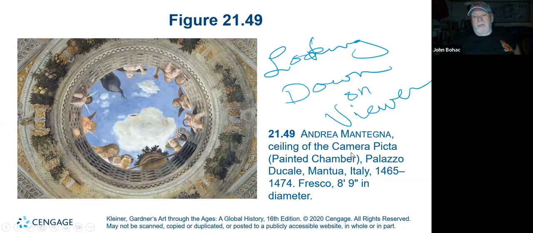Ceiling of the Camera Picta, painted chamber. And this was painted by a wealthy royal, and it's painted in a bedroom. And it was kind of a wedding present to his new bride.